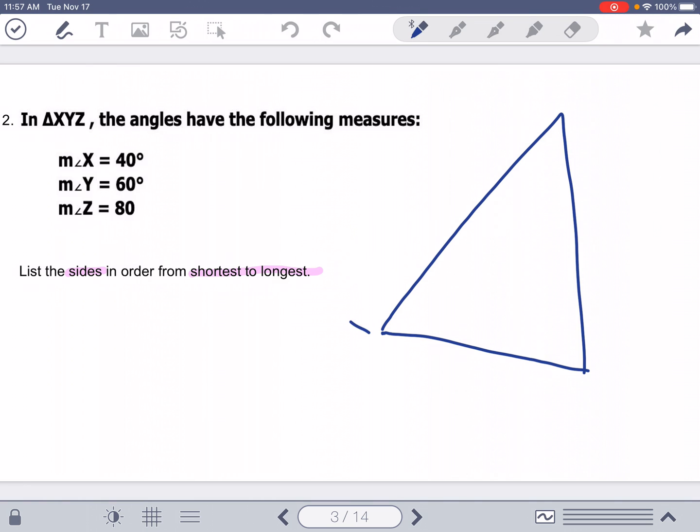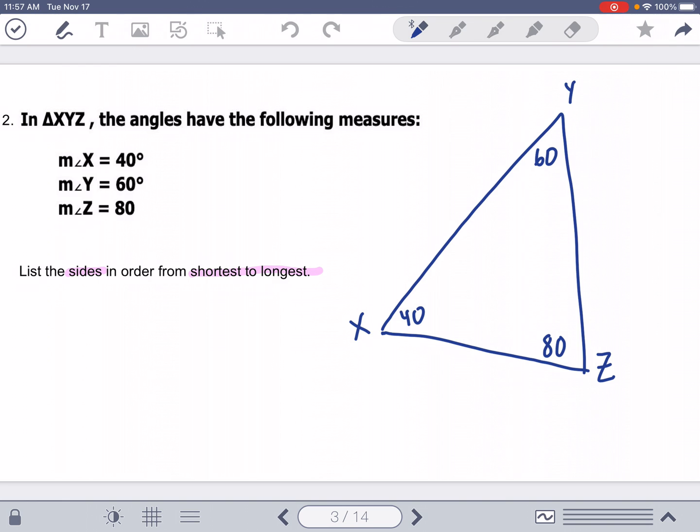All right, so X, Y, Z. Angle X is 40 degrees, Y is 60, Z is 80. Okay, so first of all, my sketch is not drawn to scale, but that's okay, I've got it labeled correctly.